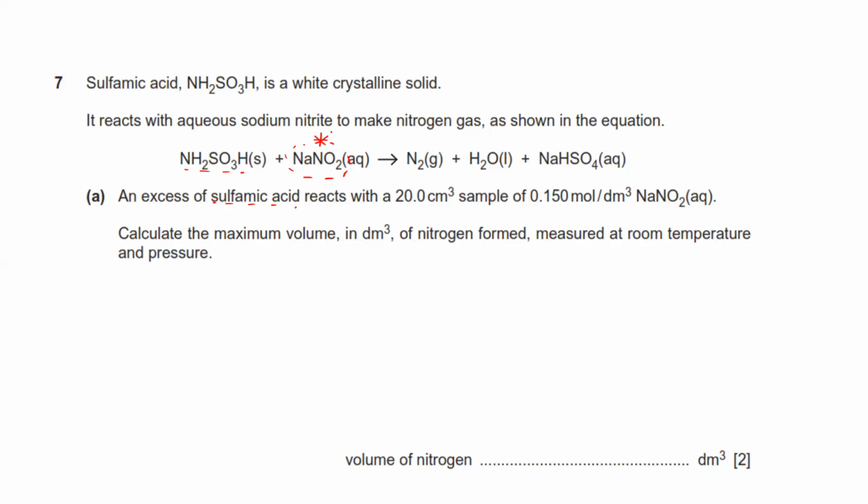So we need to find the moles, and this limiting reactant will determine the volume of nitrogen that is formed. From this reaction we can see that 1 mole of sodium nitrite results in 1 mole of nitrogen gas produced.